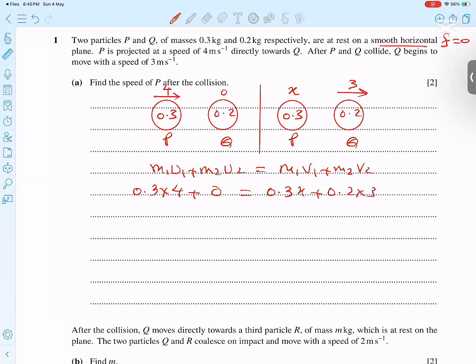So if you check, this is 1.2 equal to 0.3x plus 0.6. So 0.6 divided by 0.3, and this becomes 2 meter per second. Let me write the speed of P after collision. So it is obviously 2 meter per second.